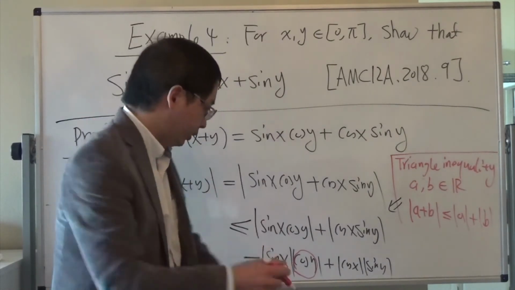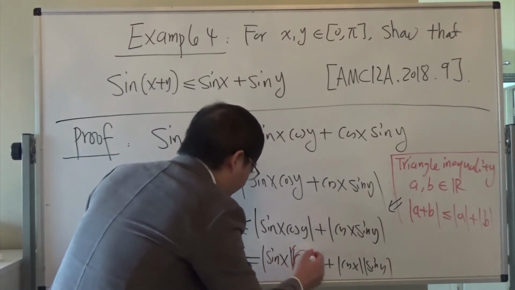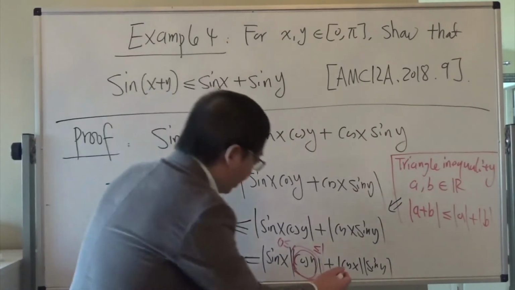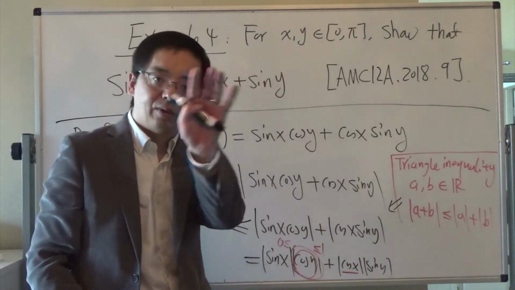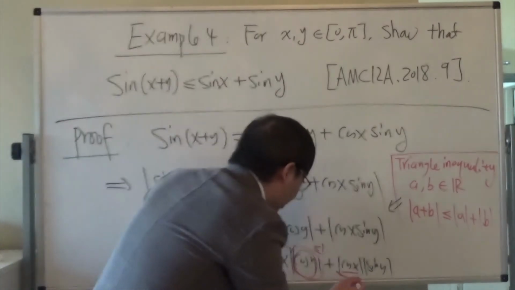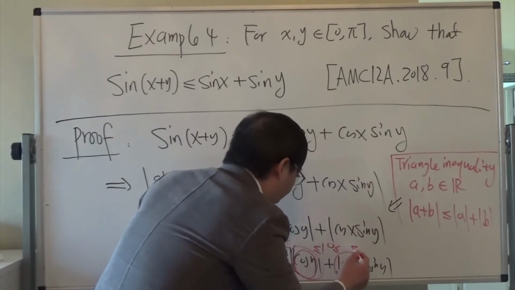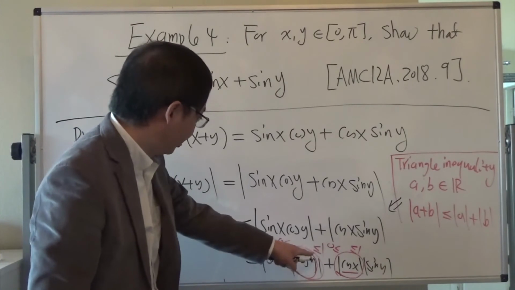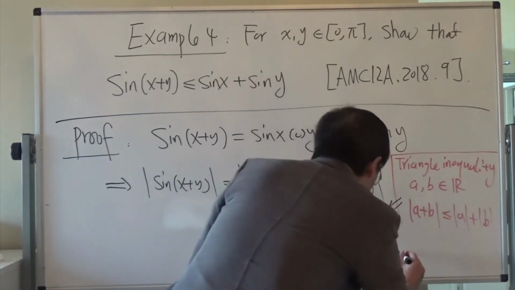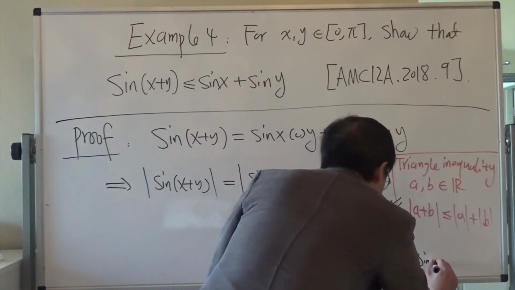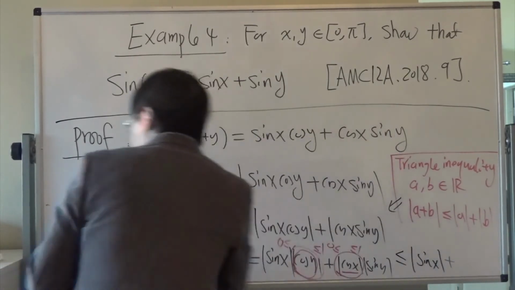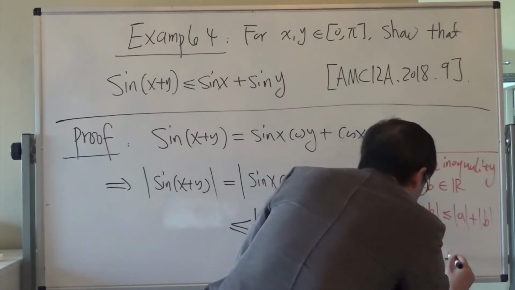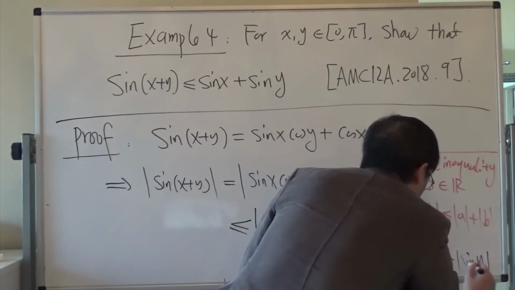Therefore, if you take the absolute value, it is non-negative but less than or equal to 1. Similarly for cosine x, its absolute value is between 0 and 1. Therefore, combining, since each is no greater than 1, the whole thing is less than or equal to the absolute value of sine x plus the absolute value of sine y.